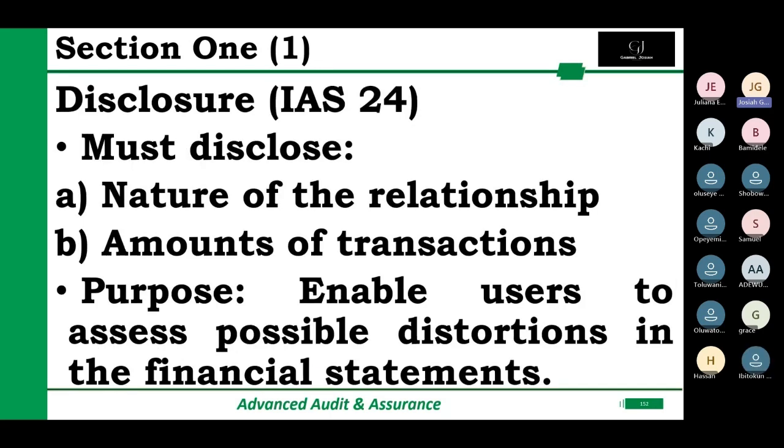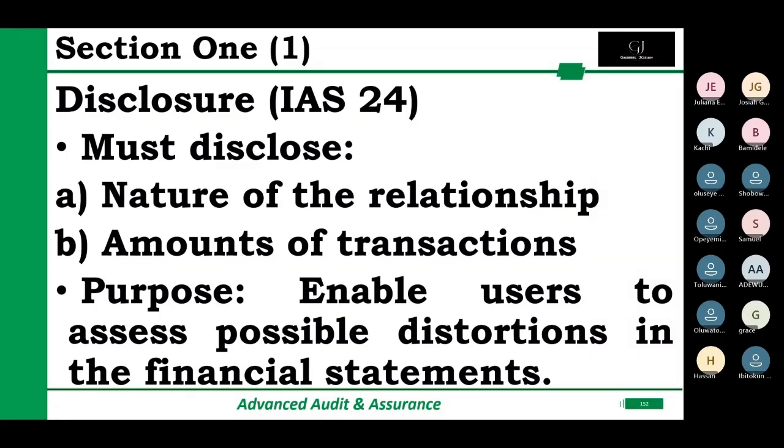IAS 24, talking about related party transactions based on the International Accounting Standard, declares that there must be disclosure of the nature of the relationship I just spoke to and the amount of those transactions, and the purpose is to enable users of financial statements to assess possible distortions in the financial statements due to these transactions.